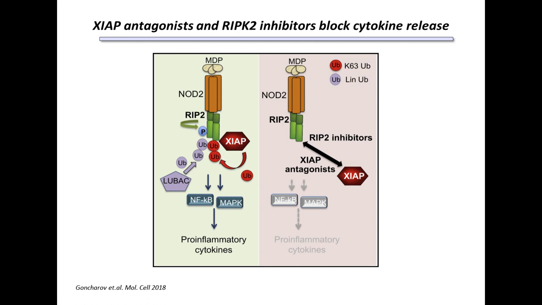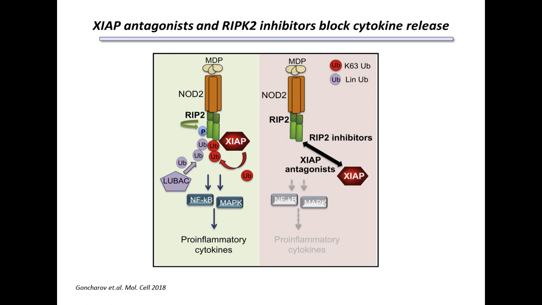Now, the RIP kinase 1 pathway turns out not to be the only place where this pattern of behavior exists. In fact, we had a parallel study ongoing looking at two related family members, the RIP kinase 2 protein, as well as the E3 ubiquitin ligase known as XIAP. Now, these two proteins function downstream of a receptor known as NOD2, and NOD2 recognizes bacterial peptidoglycan known as muramyl dipeptide.